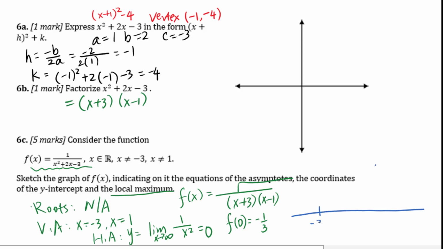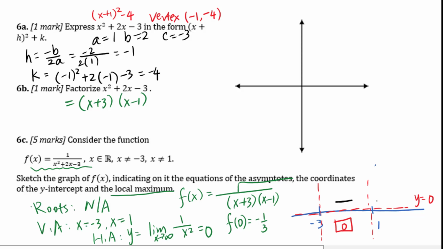We have negative 3. This is 1. Vertical asymptote lines. And y equals 0 is a horizontal asymptote line. We will use number 0 to decide the sign of this interval. Since f of 0 equals negative 1 over 3, the sign for this interval will be negative.